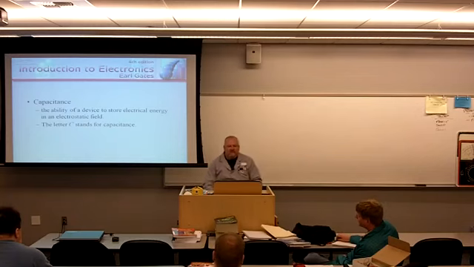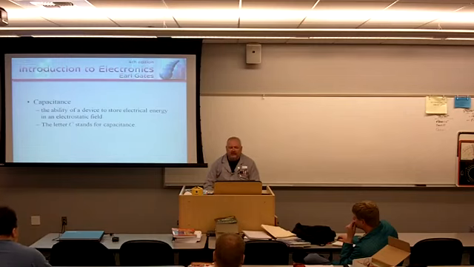The key word on how a capacitor works is that electrostatic field. Remember inductors, they were electromagnetic. This is electrostatic. Talk about that property a little bit more in a bit. The letter C stands for capacitance.